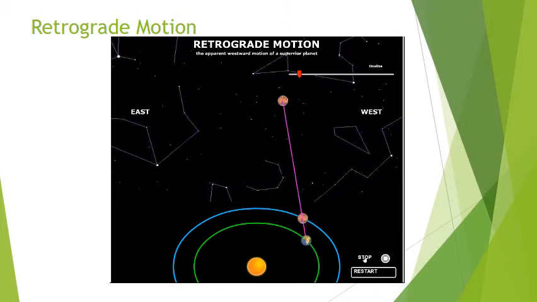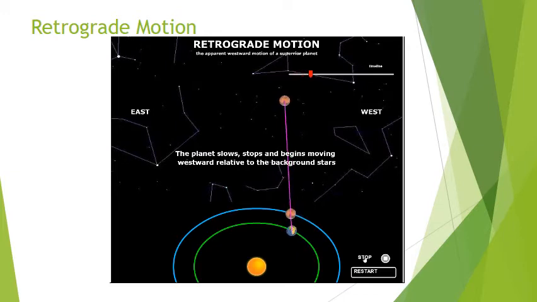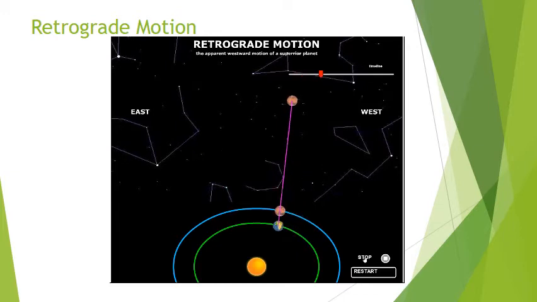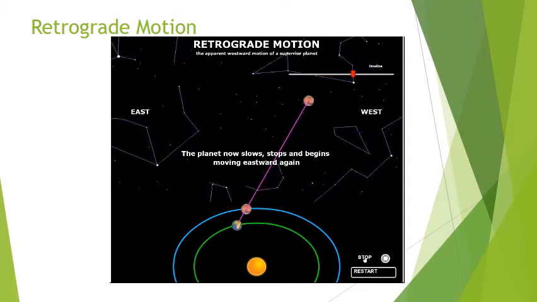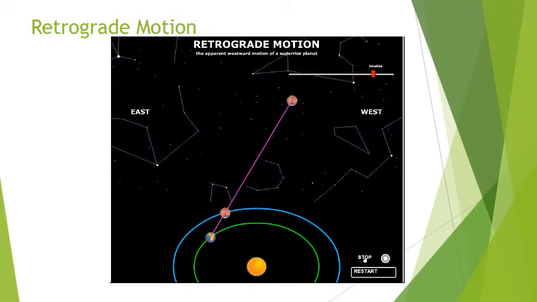So again, initially moving eastward, but now as Earth passes Mars, Mars appears to slow down and then move westward with respect to the background stars for a time period until it then again stops and resumes its eastward motion. Again, this is all due to the changing relative positions of Earth and Mars as they orbit the Sun, in Copernicus's heliocentric model of the universe.